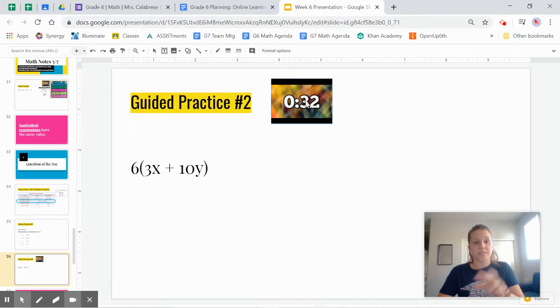I hope you notice there are 2 variable terms here. Those are different variables, so we're not going to be combining like terms here, but we do need to distribute that 6 to both terms inside the parentheses. 20 seconds left.